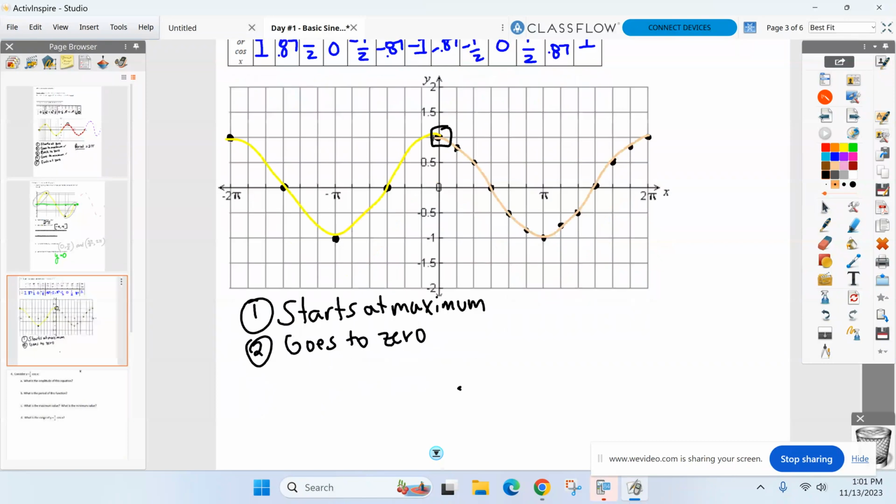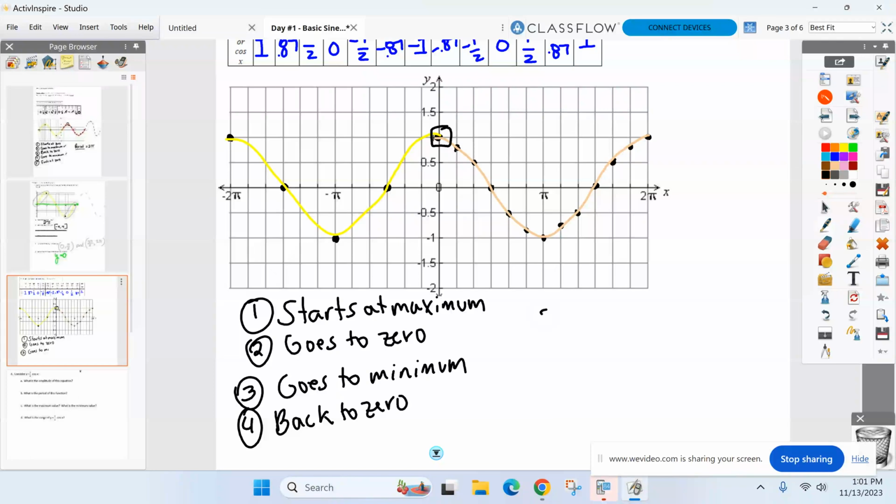Then where does it go after 0? Minimum. Good. Goes to minimum. Then back to 0. And then where does it end? Don't say 1, it ends at the maximum.